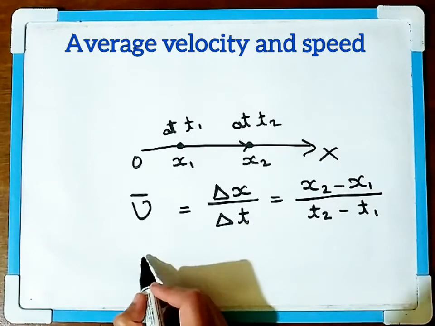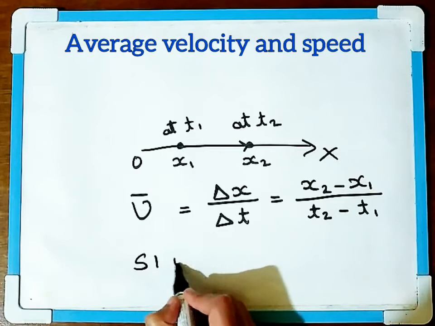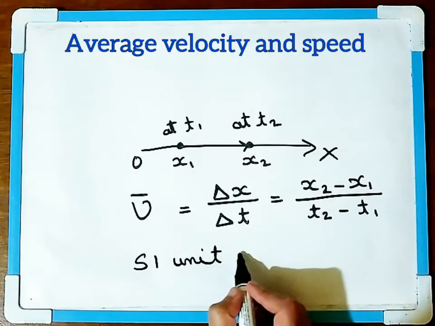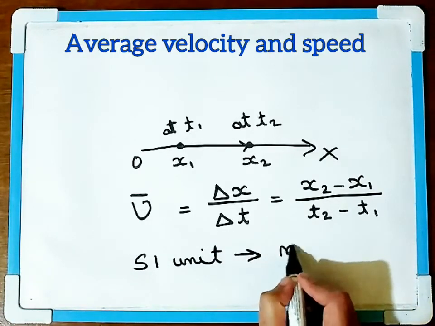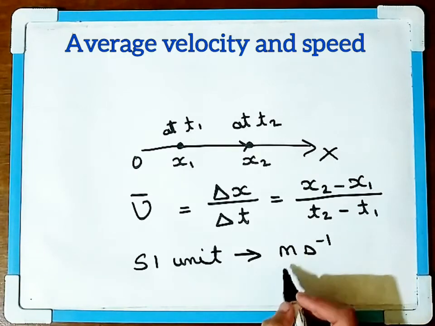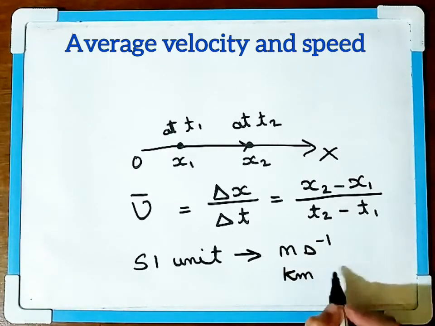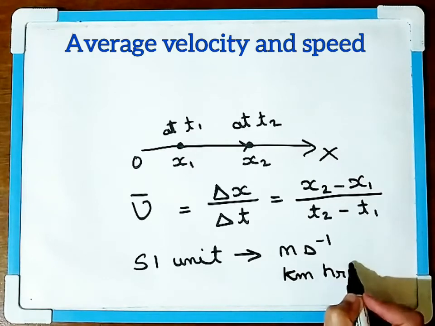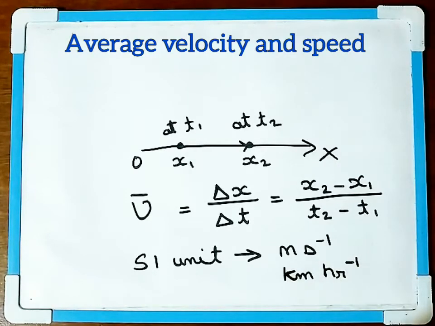So the SI unit of velocity is meter per second. There are other units which we use in our day-to-day experience. For example, the kilometer per hour, which is used in speed of vehicles. So this is also a unit which is used to measure velocity.